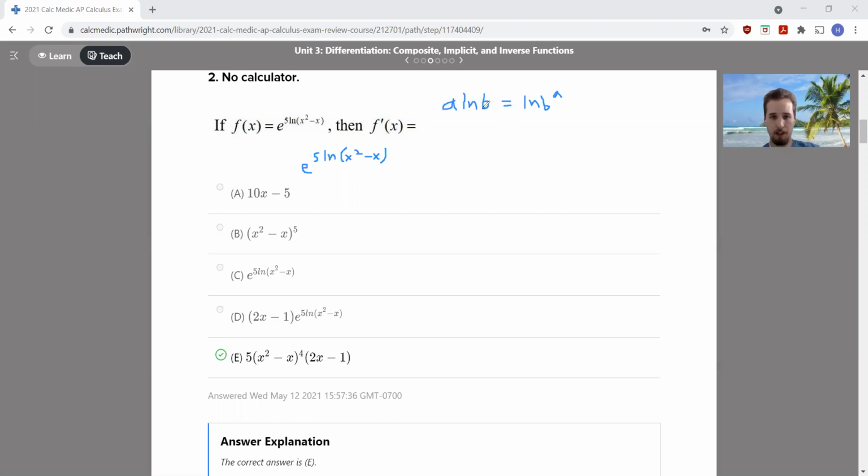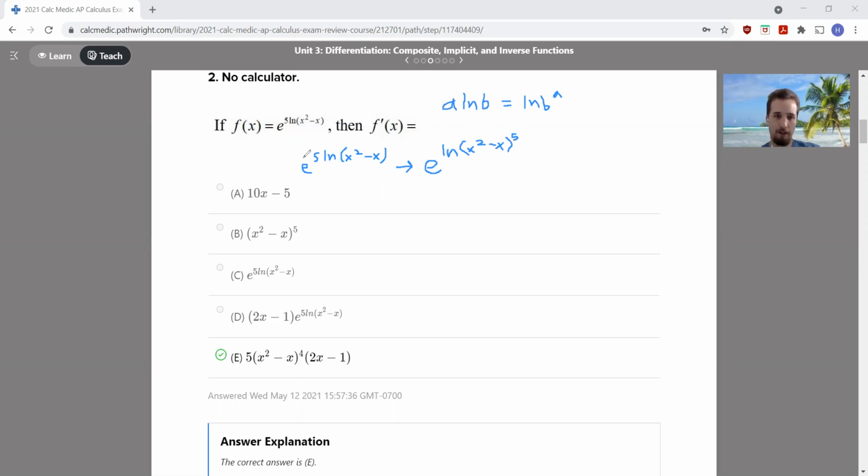So what I can do here is take this 5 in front of the ln and make x squared minus x to the 5th power.